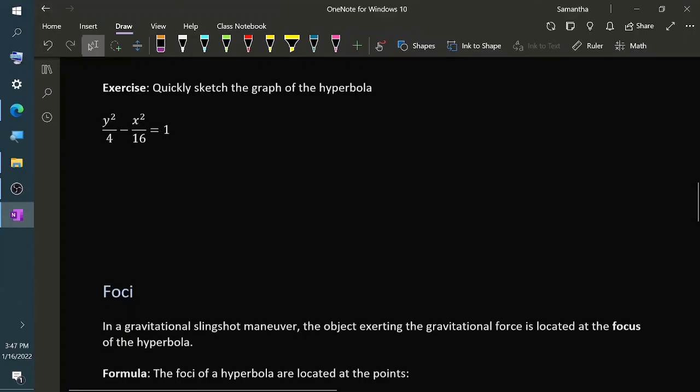Now what if we reversed the roles of x and y, and we had y squared over 4 in the lead, and we were subtracting x squared over 16 in the back? Then the result is that the hyperbolas are going to be vertically symmetrical instead of horizontally symmetrical.